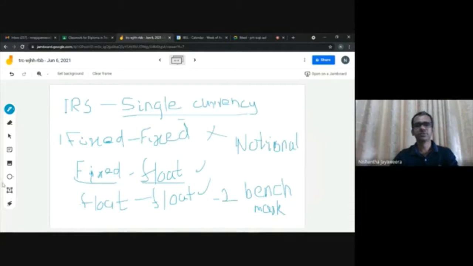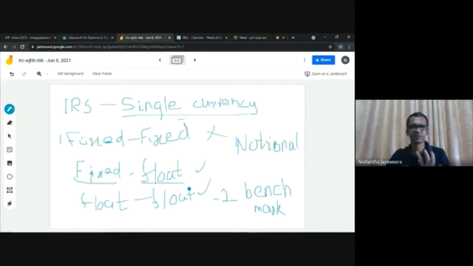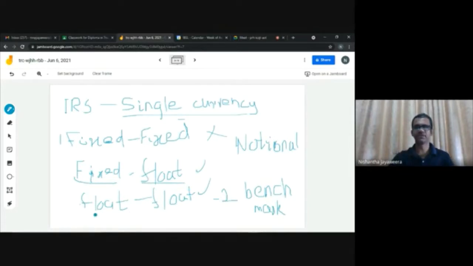So in the floating arrangement, both parties agree to pay a floating rate, but with two different underlying benchmark rates. That's the basics of an interest rate swap.